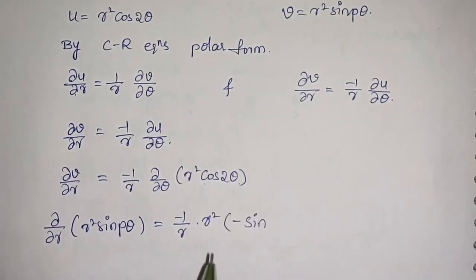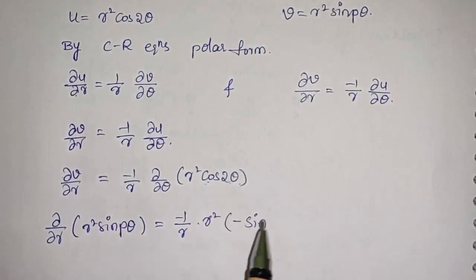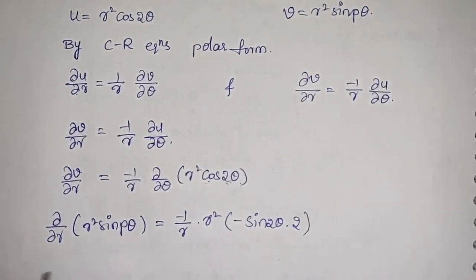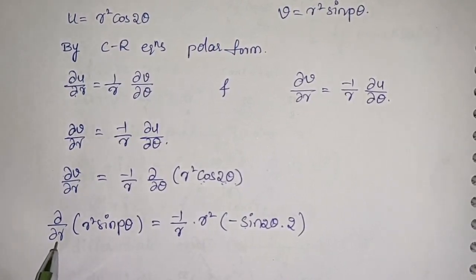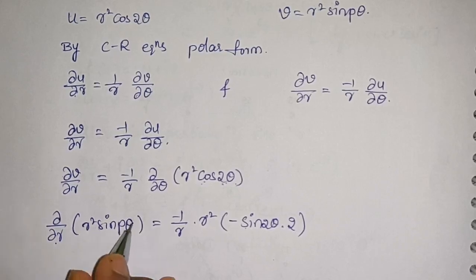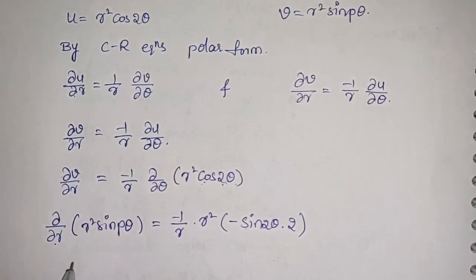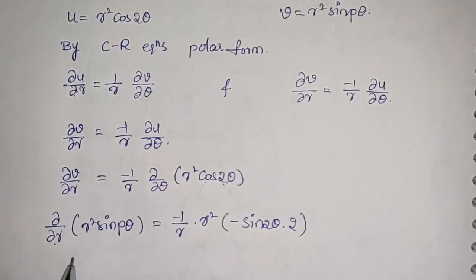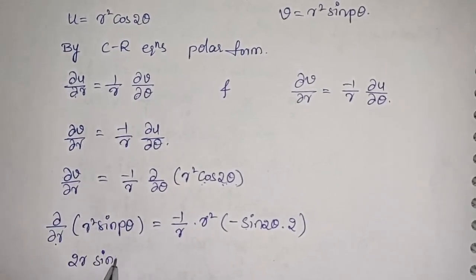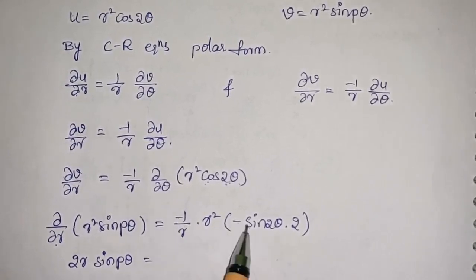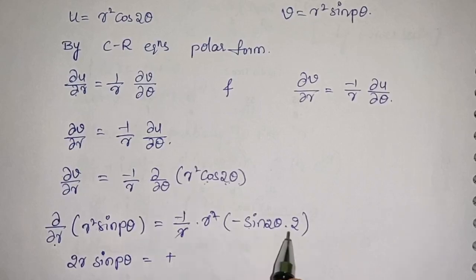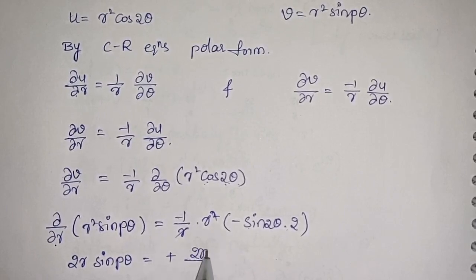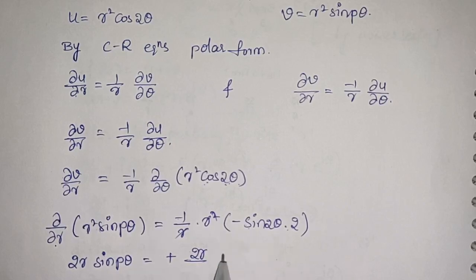The derivative of cos 2θ is minus sin 2θ, and again the internal differentiation gives 2. On the left side, with respect to r, sin pθ is constant and we differentiate r², that is 2r sin pθ equals minus into minus plus, 1/r will get cancelled, and we get 2r sin 2θ.